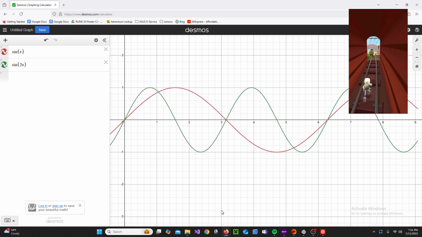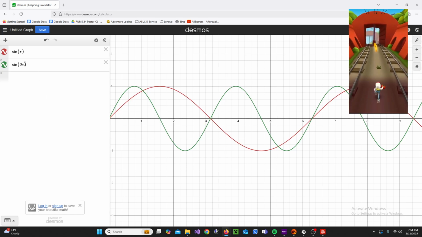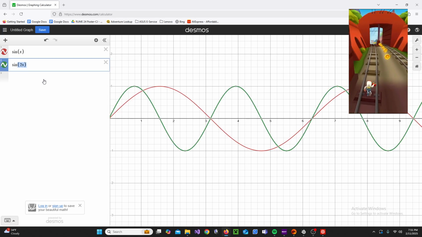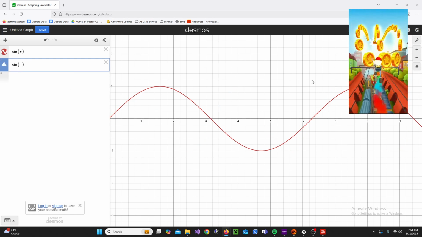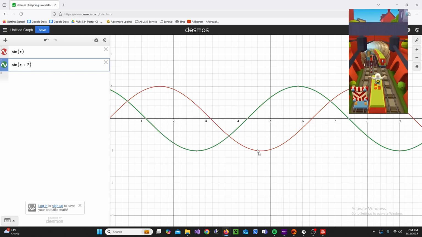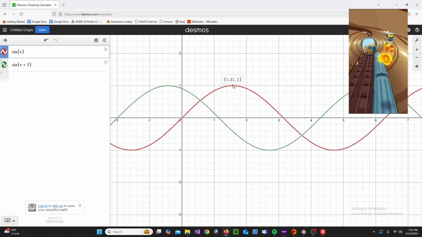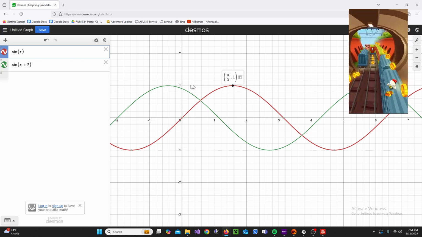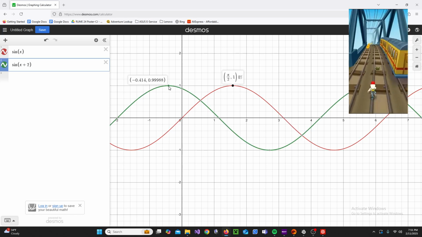This function is getting compressed horizontally. Now sine of x plus 2, our function was moved 2 units to the left, right? We have our peak over here, but now the peak is 2 units to the left all the way over here.